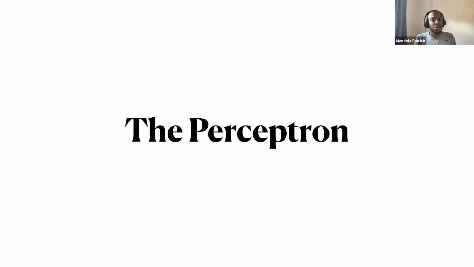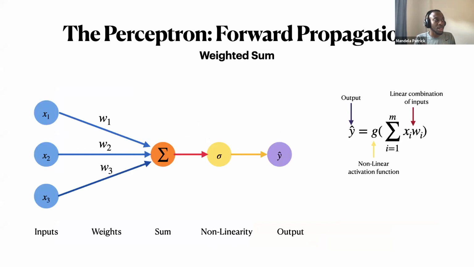So the perceptron. This is the smallest building block of a neural network. And at its core, it's pretty simple actually. What you have is what we call the inputs, X1, X2, X3. And you essentially want to weight each aspect of the input.